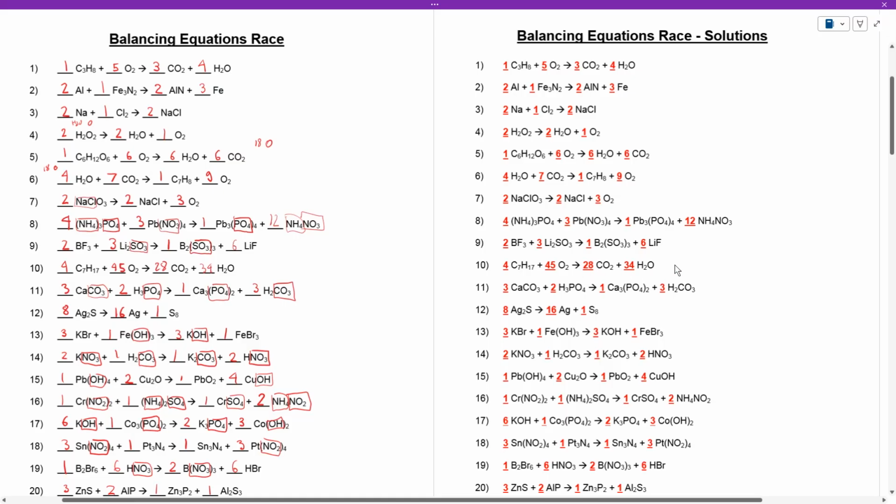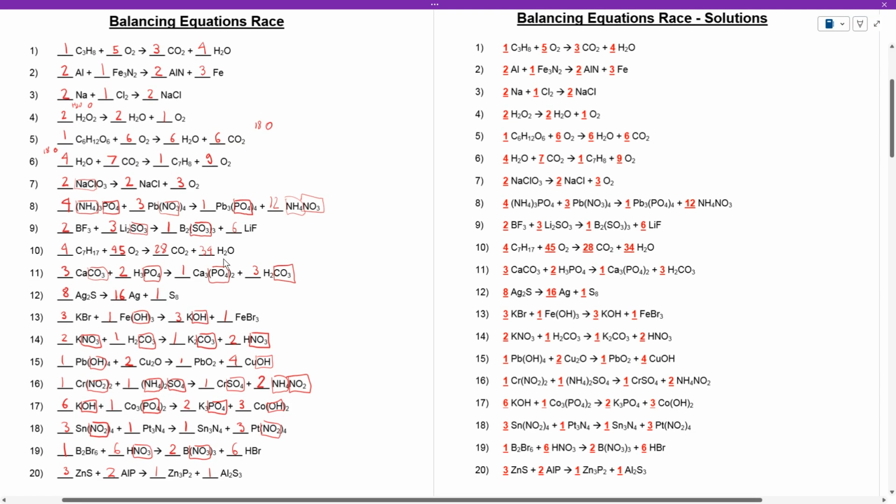This question is a hard one because there's a lot of these compounds here, but I guess we got that right.